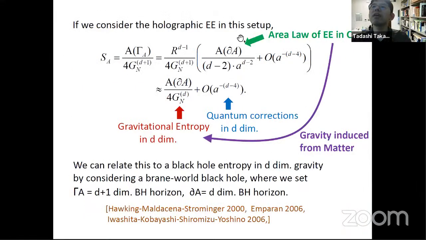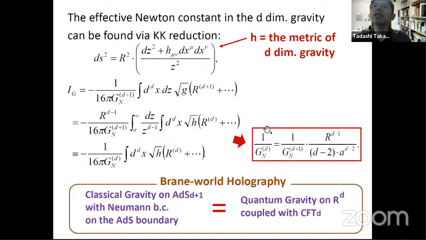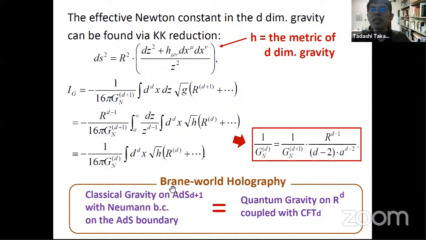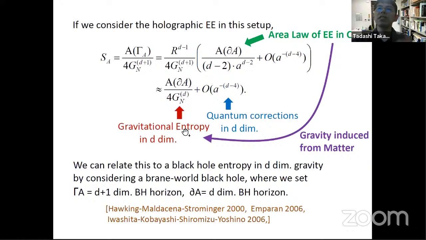The leading term is the area law divergence. But using this formula, this combination of the cutoff and the (d+1)-dimensional Newton constant gives us the one dimension lower Newton constant. Now the entanglement entropy here is the same as the gravitational entropy in this lower dimensional gravity. So this is a kind of consistency condition. In other words, this means the lower dimensional Newton constant emerges from matter; this is kind of induced gravity, which usually happens in this brane world setup.